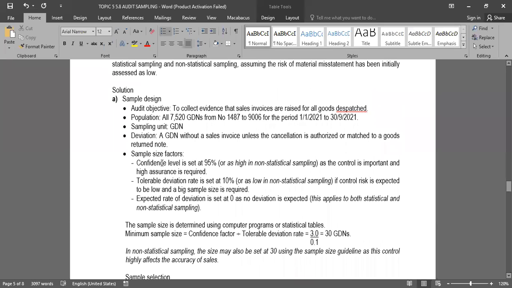You have a confidence level of 95%. This 95% is not really our interest. Our interest is the confidence factor, because the formula says that minimum sample size is given by confidence factor divided by tolerable deviation rate.